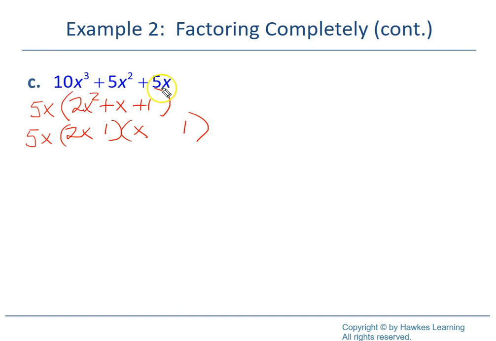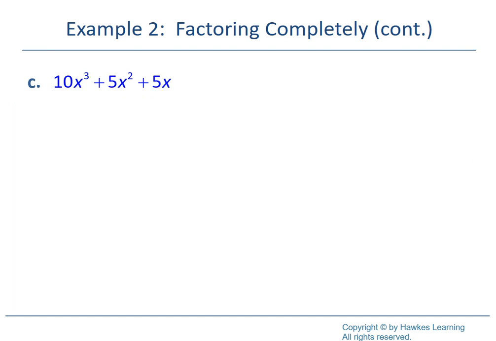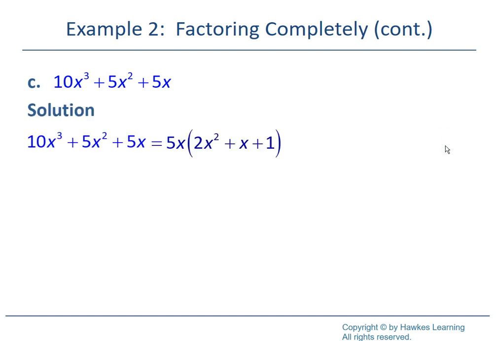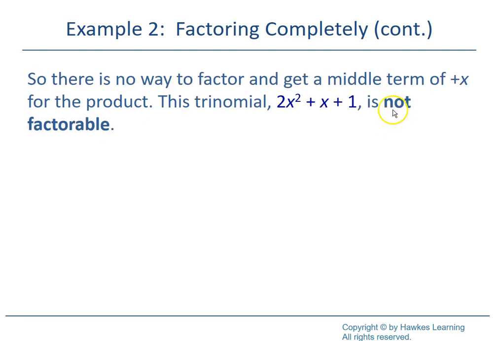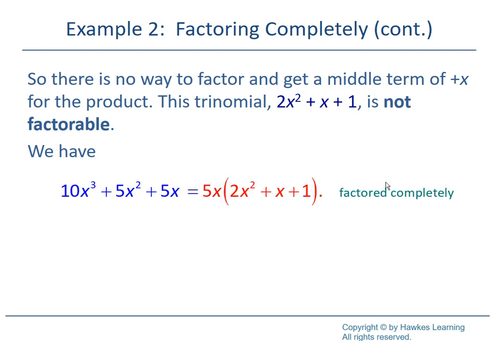Yeah. So once you get beyond this point here, you've factored out a common 5. This is no longer factorable, I don't believe. Let's check it out. So, we've gone as far as it could go. This is not factorable. Okay. And you've factored it as far as you can go.